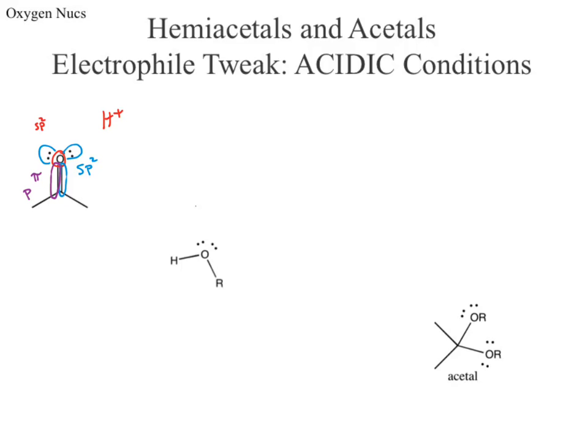There's no s character. The p orbitals are held further away from the nucleus. If you go all the way back to our molecular orbital and atomic orbital theory, our p orbitals are further from the nucleus than our s orbitals. Which means if we now look at the reactivity of our sigma bond or our lone pairs versus our pi bond, we could make the statement that our pi bond is more reactive than our lone pairs.